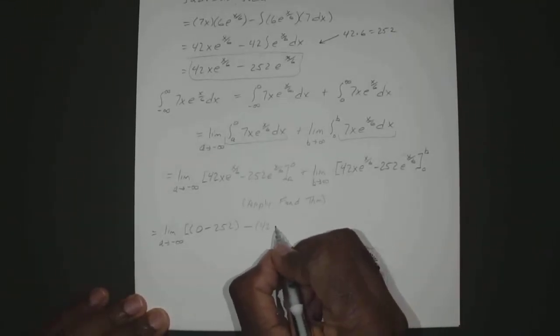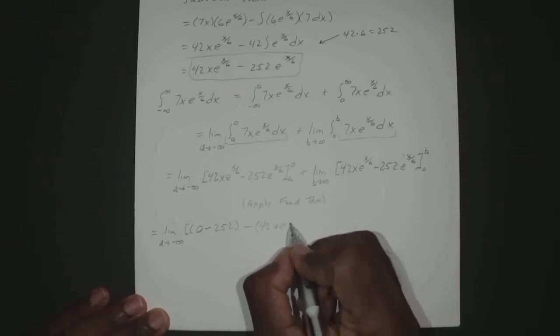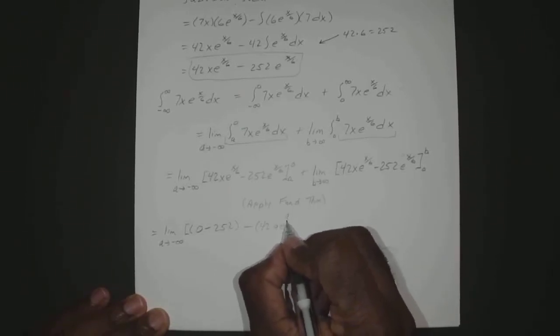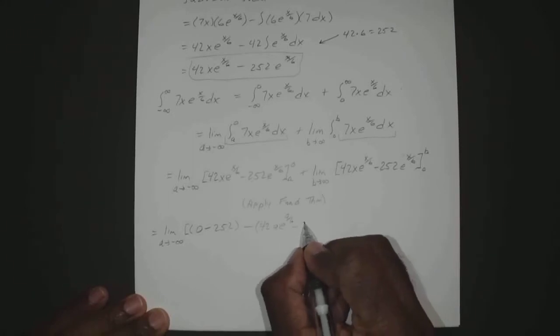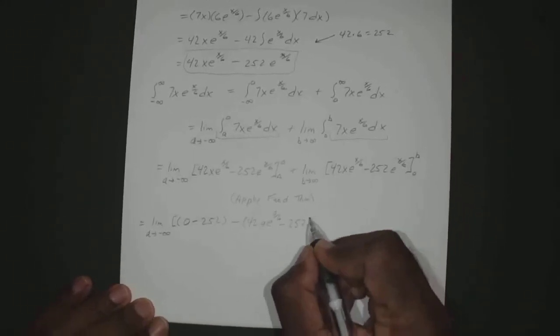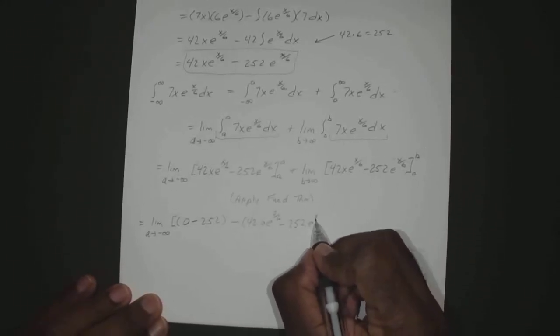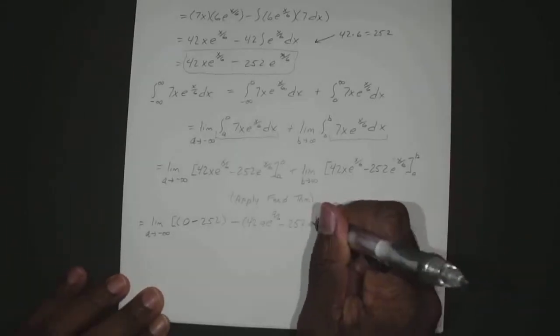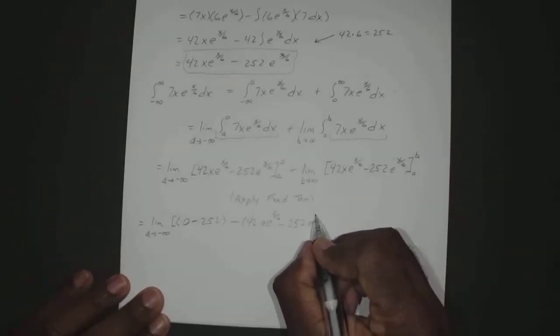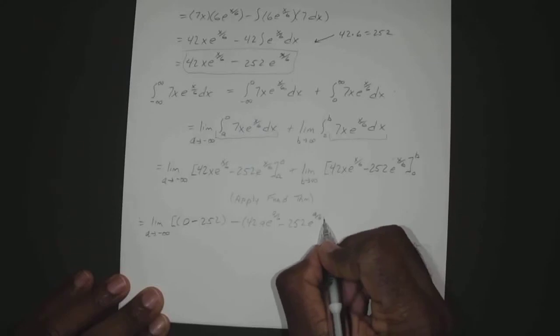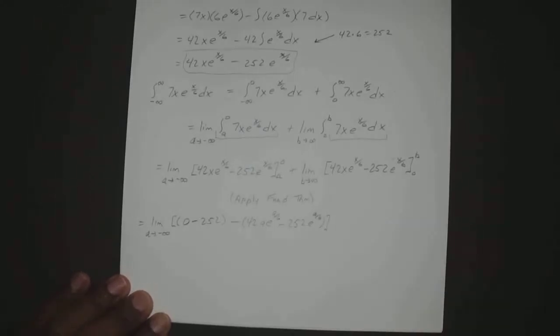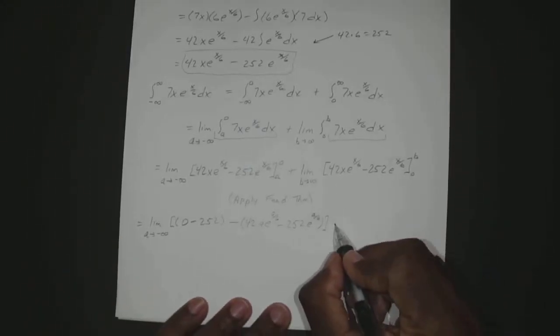So you have 42a times e to the a over 6 minus 252 e to the a over 6.